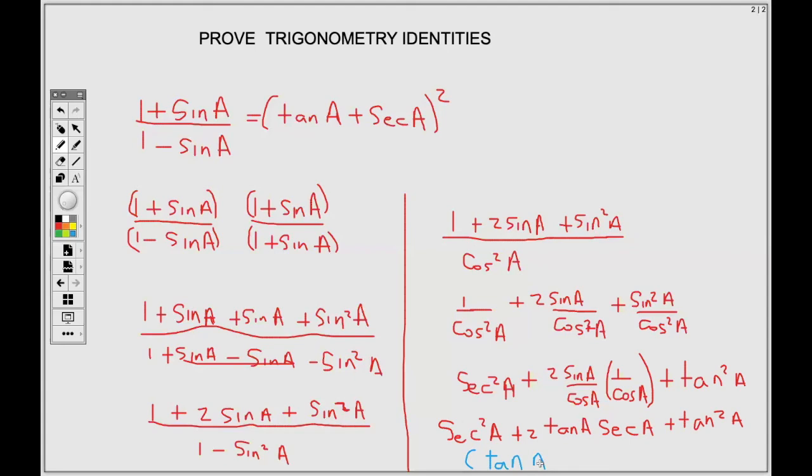So we can rewrite this expansion, that's the expansion line, to be open bracket tan A plus sec A all squared. And that is it.